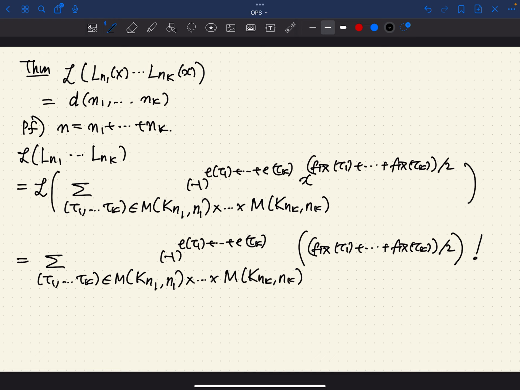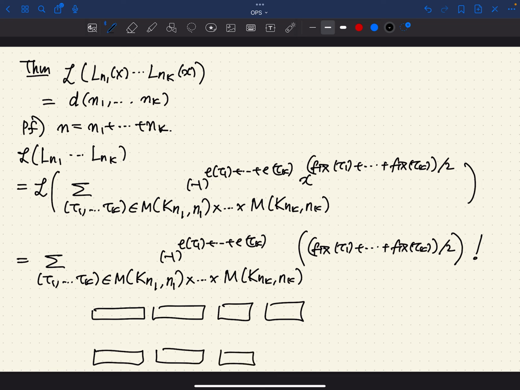So now we can give some combinatorial meaning. What does this mean? Just imagine the graph or diagram. We have a bunch of blocks like this, and then the corresponding overlined blocks like this. So we have L1 of size n1, size n2, size nk.